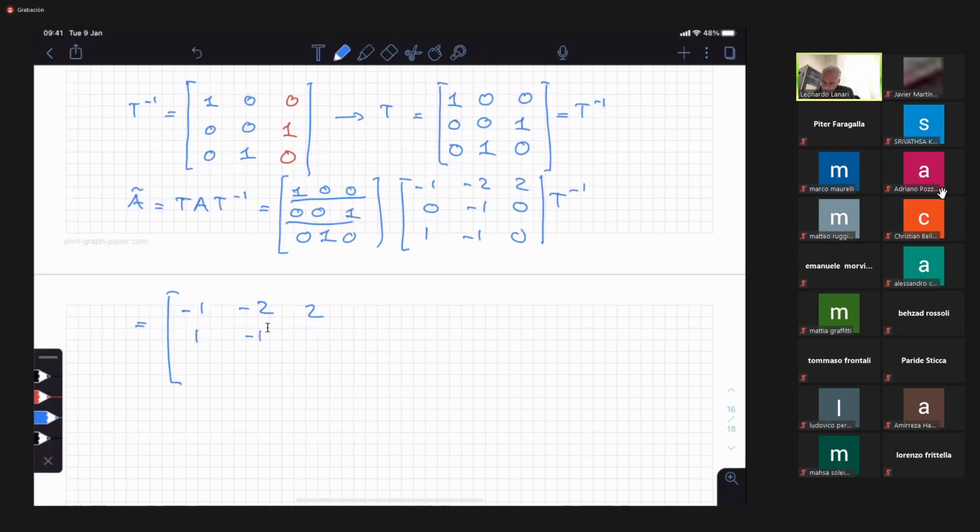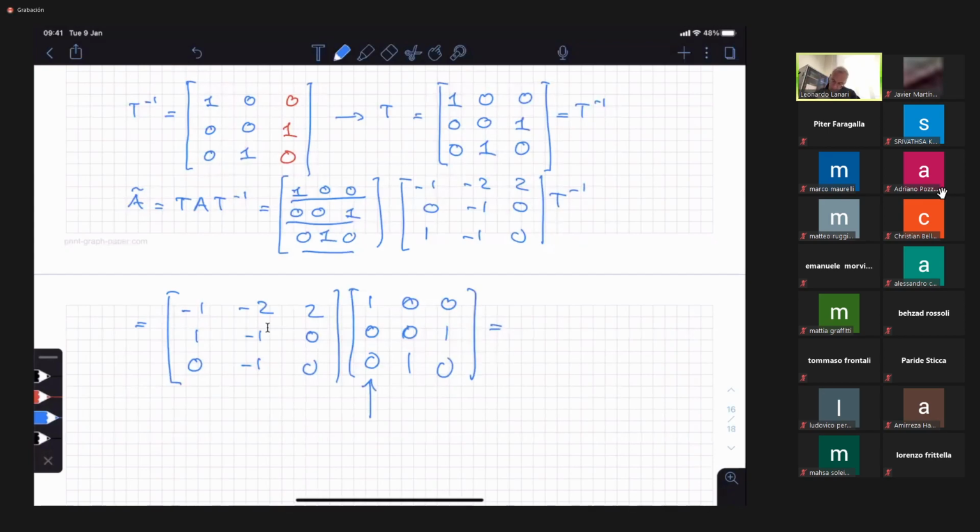And this one will pick up the second, so 0, -1, 0. Times T inverse, which is the same. Okay, so this column will pick up the first column of this matrix.